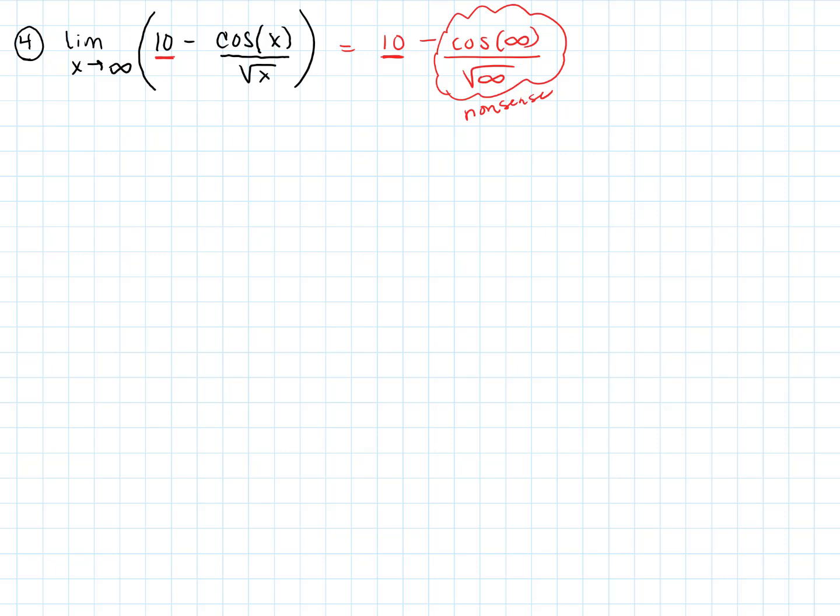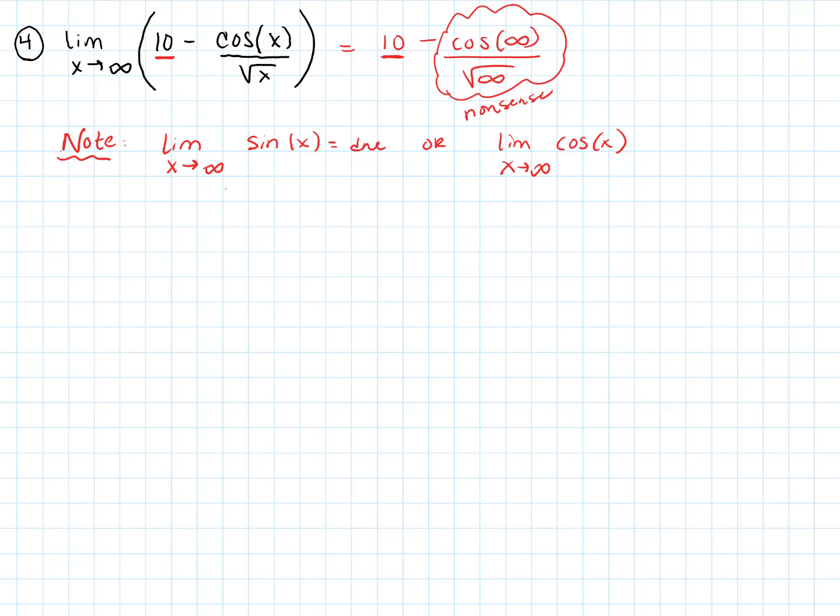And why not? Well, let's make a note to ourselves and keep in mind the end behavior of the sine and the cosine. As x approaches infinity or negative infinity, the limit of the sine of x as x grows without bound doesn't exist.